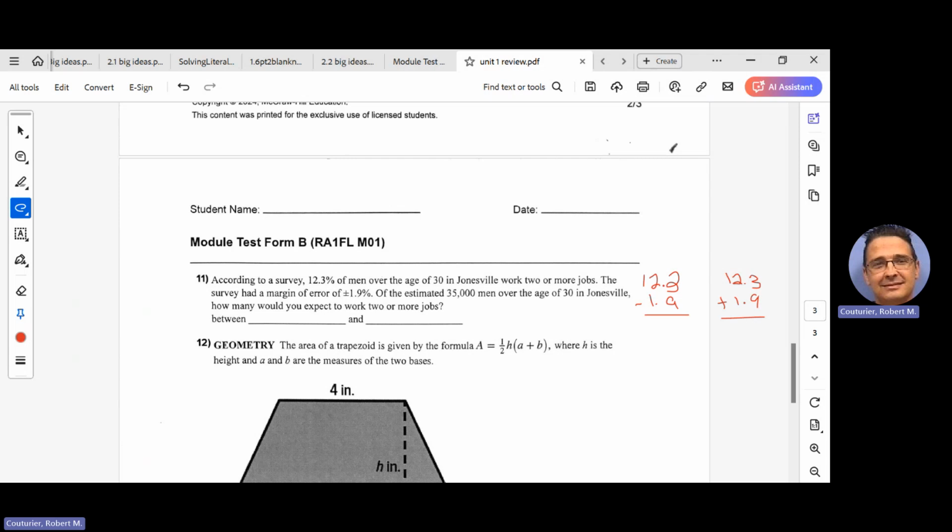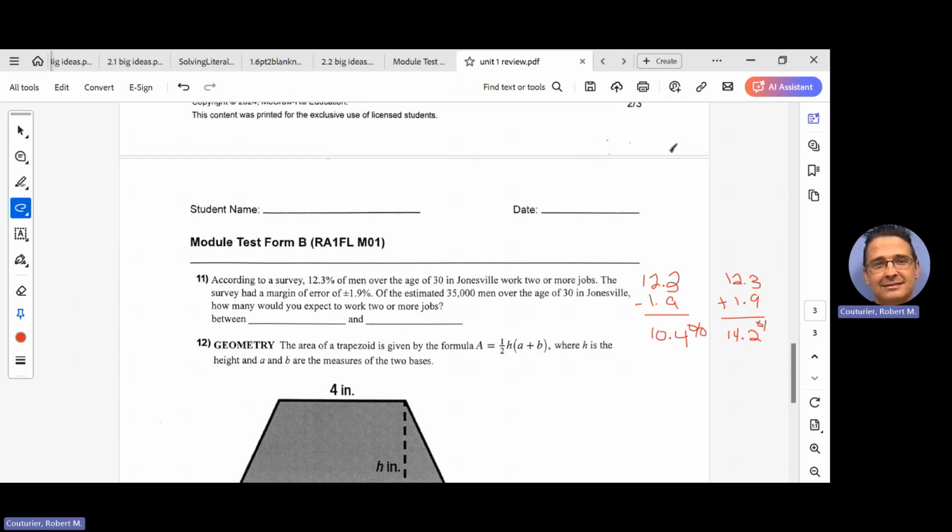So 12.3 minus 1.9 gives us 10.4. 12.3 plus 1.9 gives us 14.2. Only problem is these are percentages. We cannot do the math with the percentage.